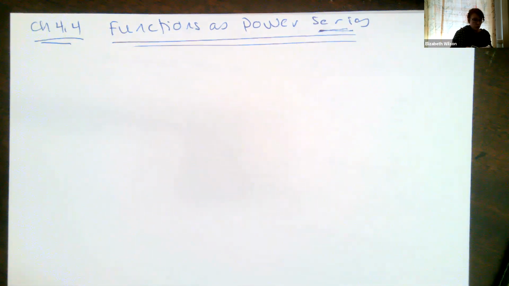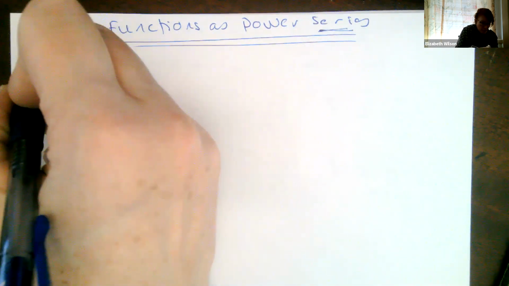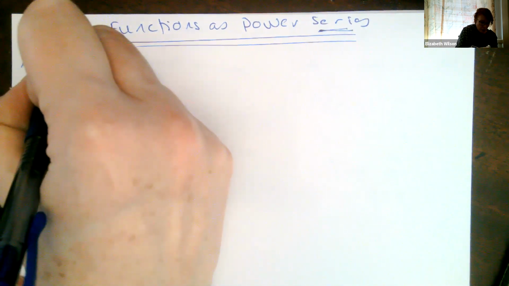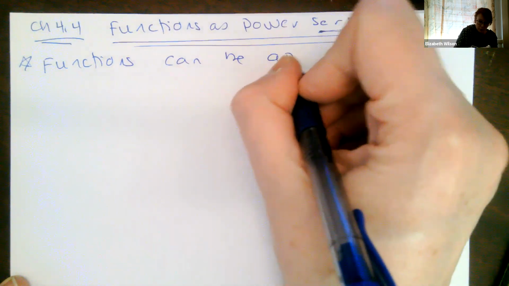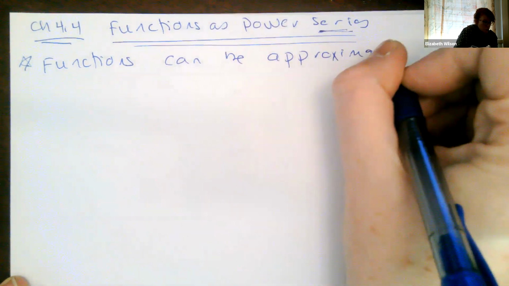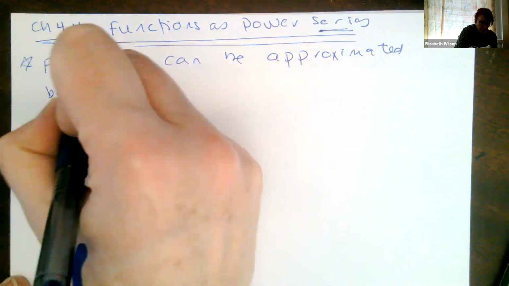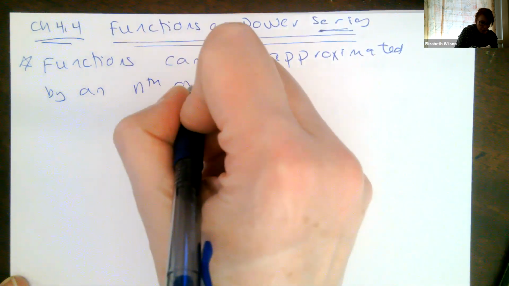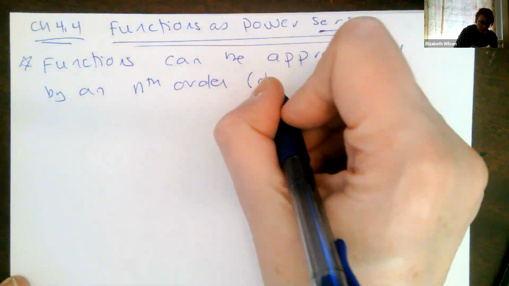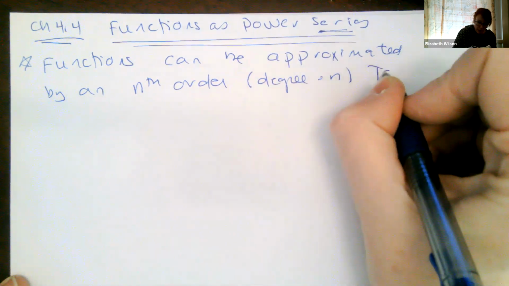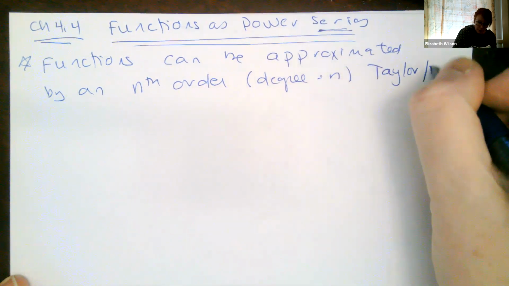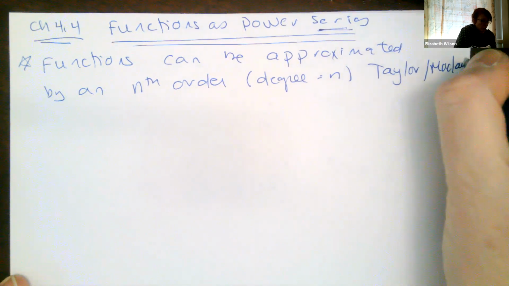Okay, so let's go through some stuff. Some of it we'll be reviewing. I'm going to try to go through the review parts more quickly, and then we'll focus on the new things. So functions can be approximated by an nth order, which is our highest degree term, n, Taylor or Maclaurin polynomial.